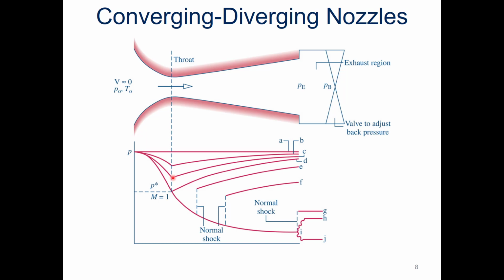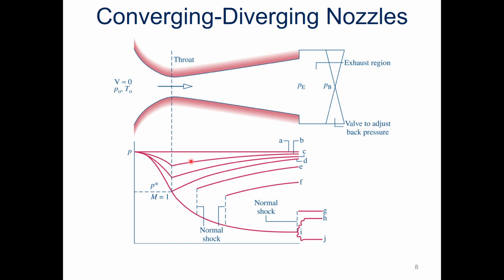Velocity goes up as well, a little bit higher, and it continues to increase before it gets back to the exit pressure. In case D, what we've done is we've dropped the pressure outside such that the pressure drops to the critical pressure, the pressure at the throat, where we get Mach number equal to 1. So we reach sonic conditions right at the throat, but then again, there's not enough pressure to go supersonic, and we continue to go through a subsonic diffuser before we get to the exit pressure for case D.